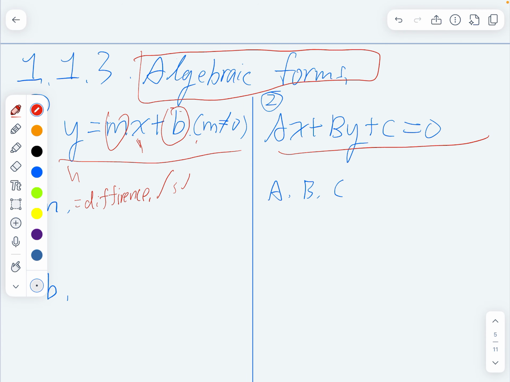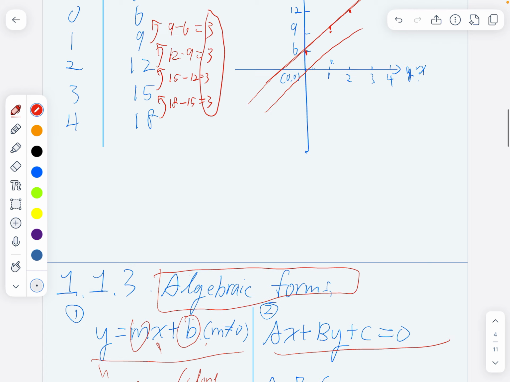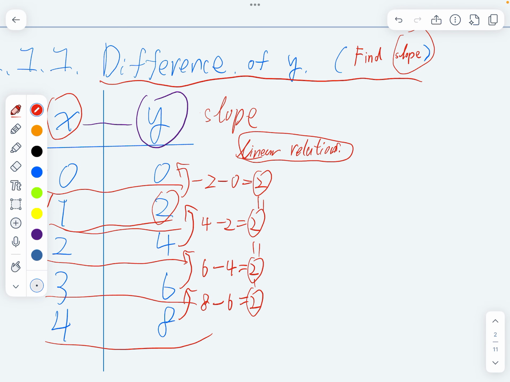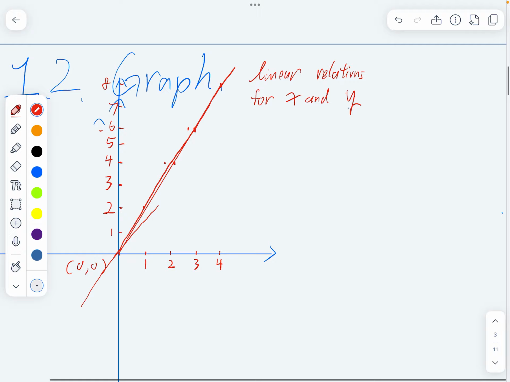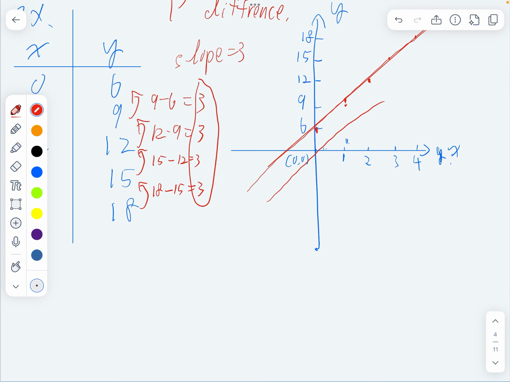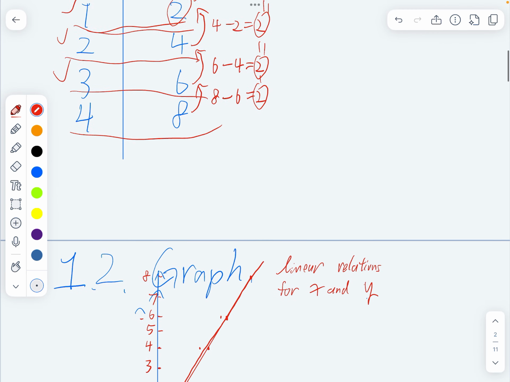We can consider the slope is the first number which you solve. So for this one we can find the slope equals 3. So that's the m value.